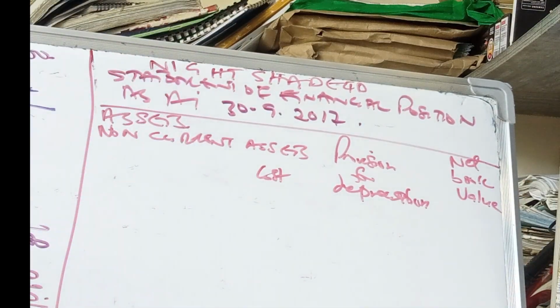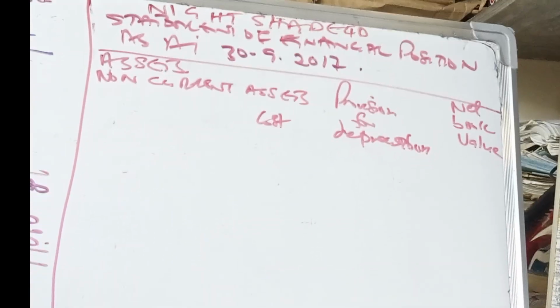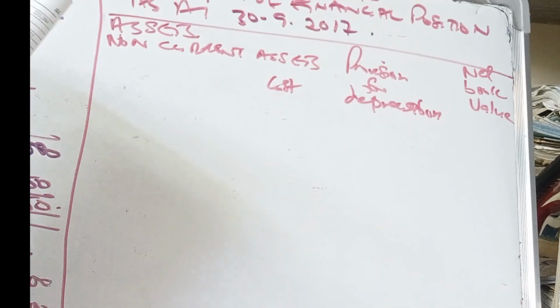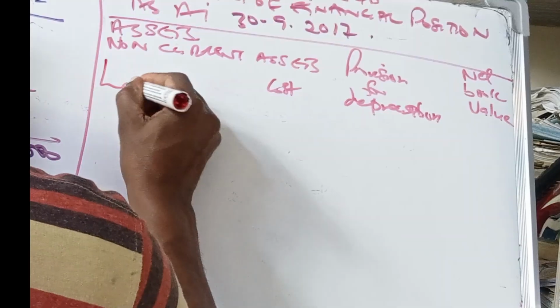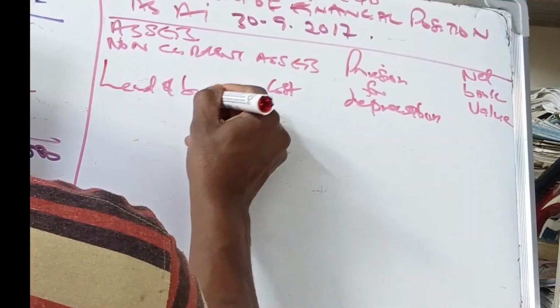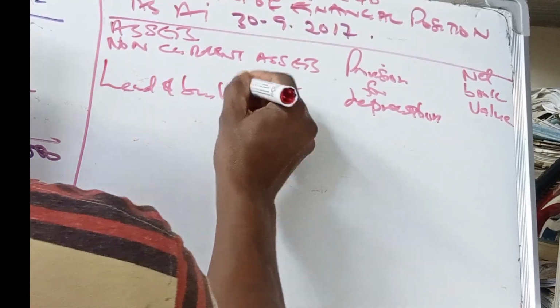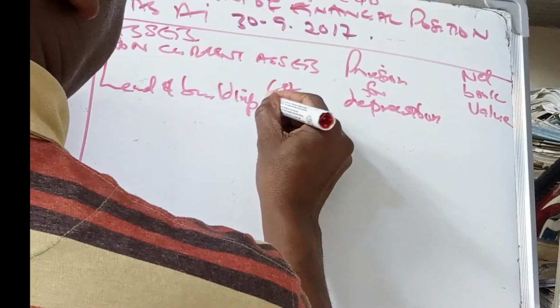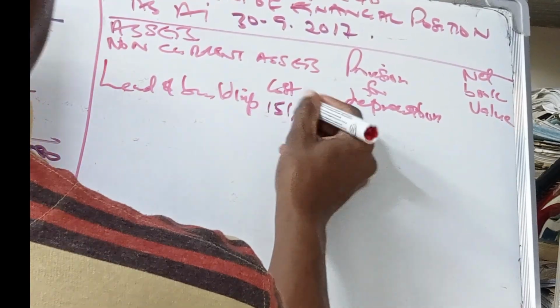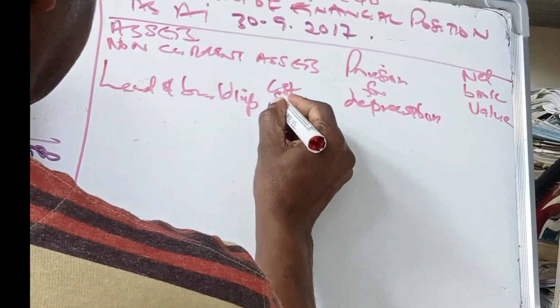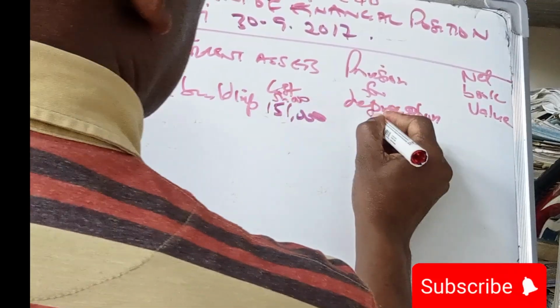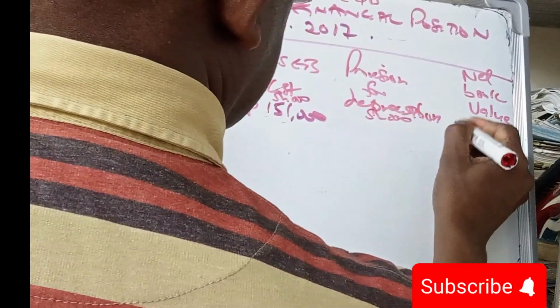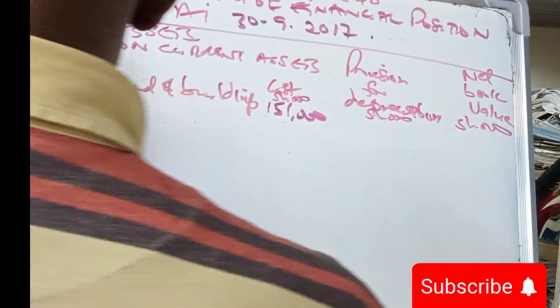Our assets are recorded based on the most permanent first, so we start with land and buildings at 151,000. Everything is in shillings in thousands.